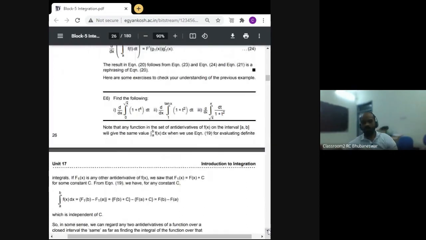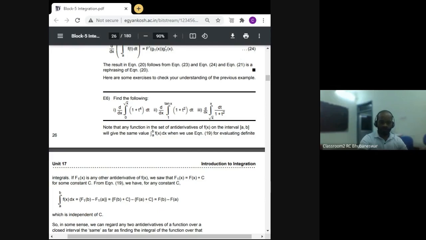So now let us move towards some more basic definitions or basic points of integration on page number 21.